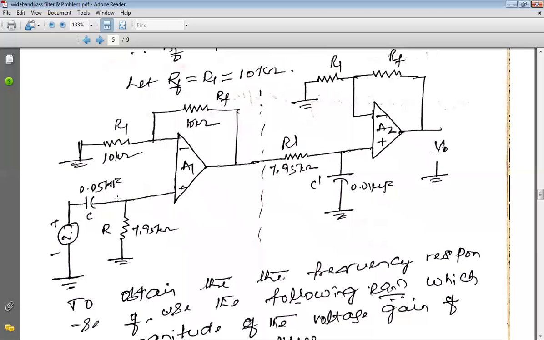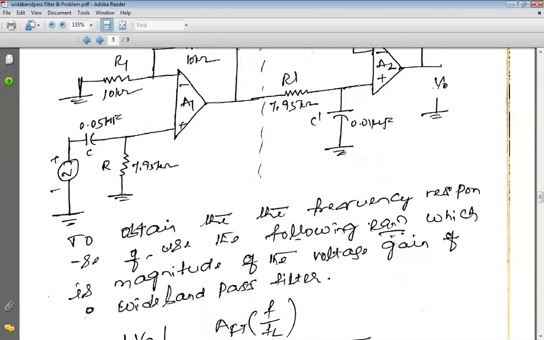In the high pass filter section, the capacitor value is assumed, and the R value we calculated is 7.95 kilo ohms, and RF is equal to R1, which I assumed is 10 kilo ohms. Also RF dash and R1 dash are 10 kilo ohms in the low pass filter section.